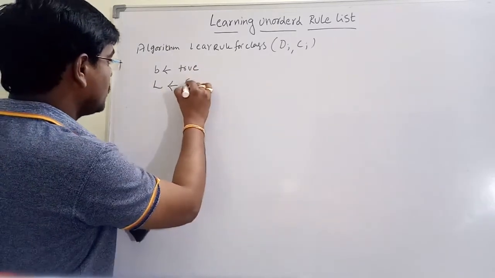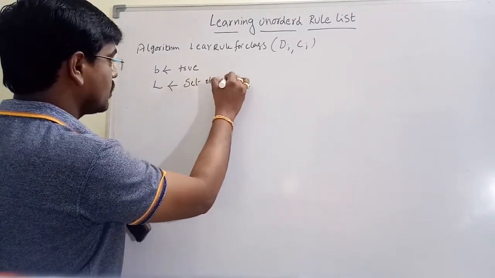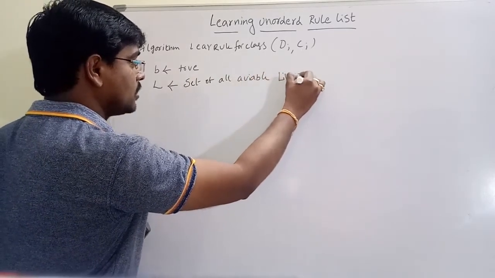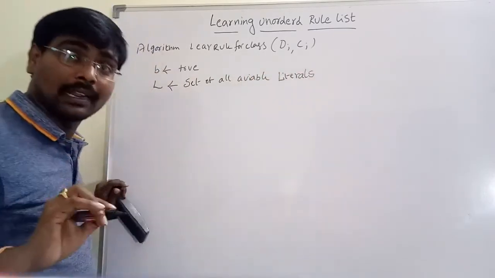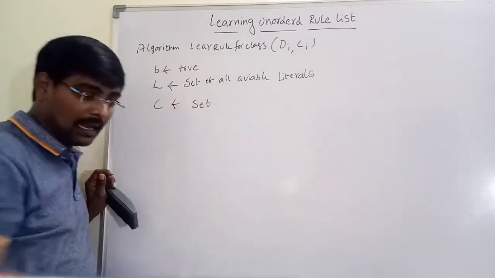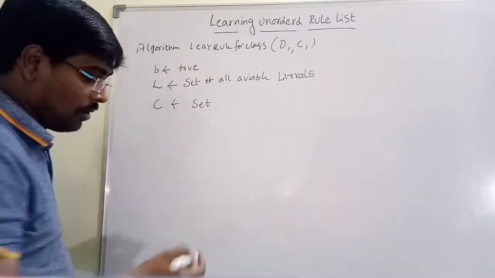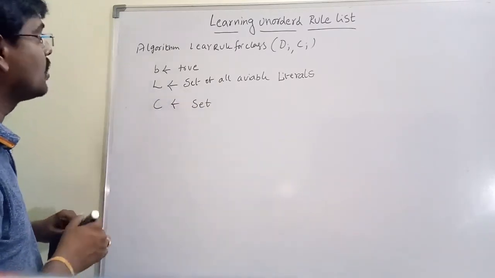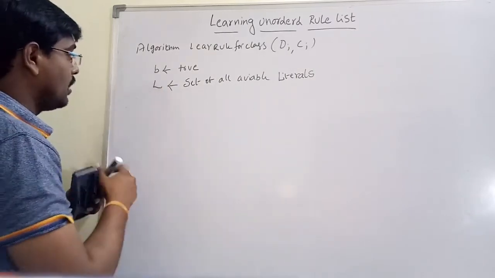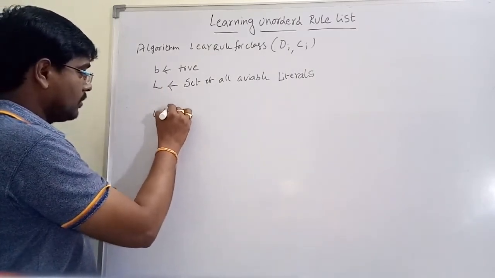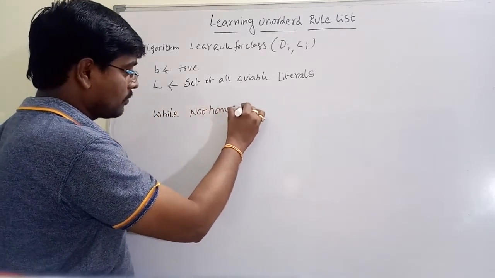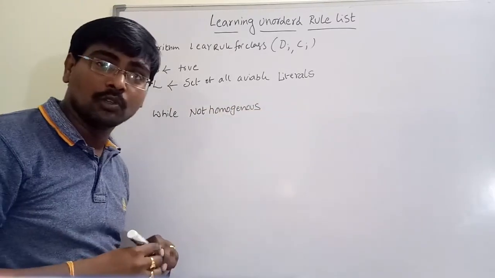And L is the set of all available letters. C is the set of all possible classes, but here there is no need since we are already using C. So we have B and L. While not homogeneous of D. You already know what homogeneous is.